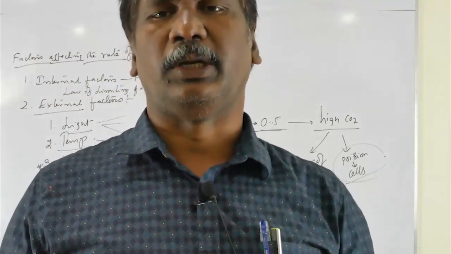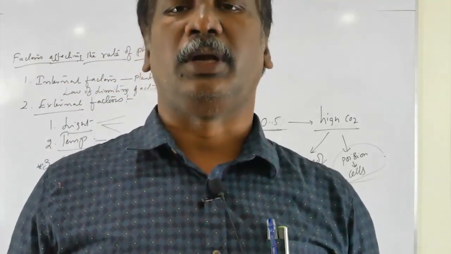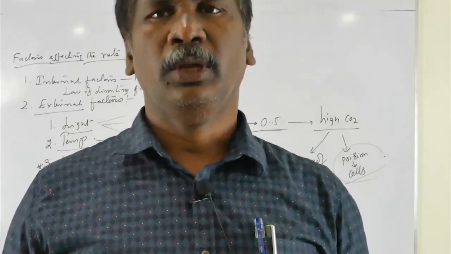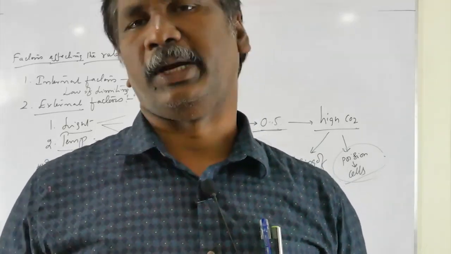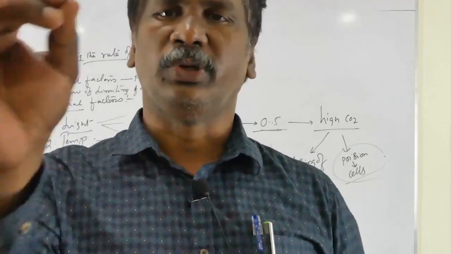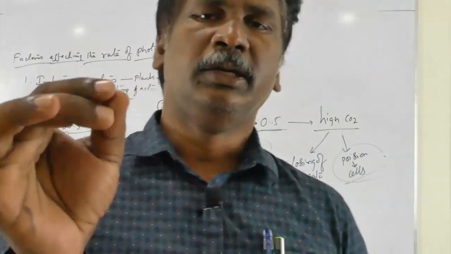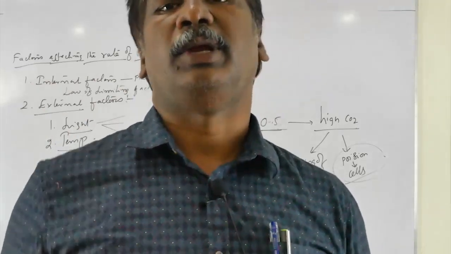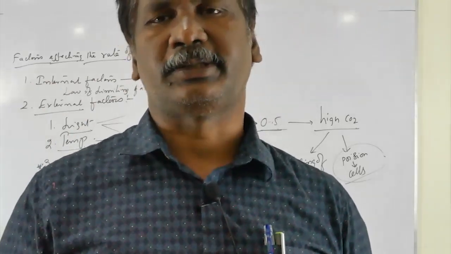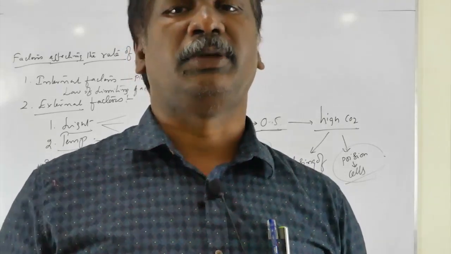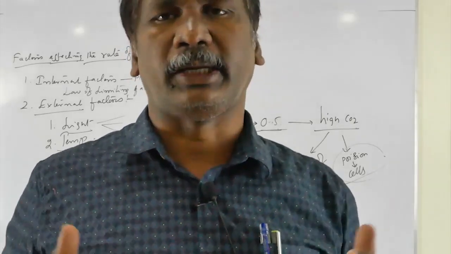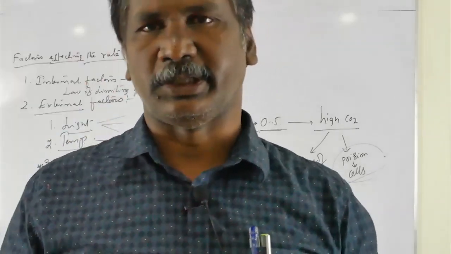They can utilize more CO2 when compared with C3 plants. That's why the CO2 compensation point is very low in C4 plants when compared with C3 plants.